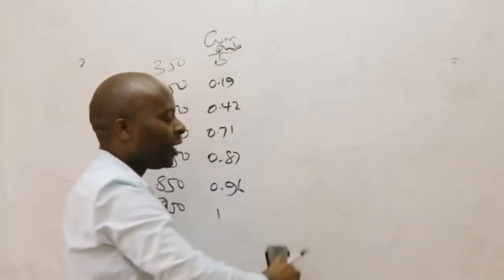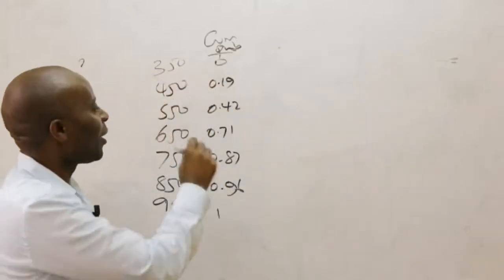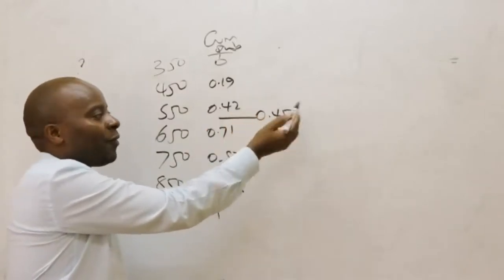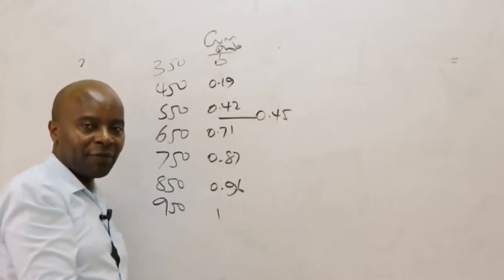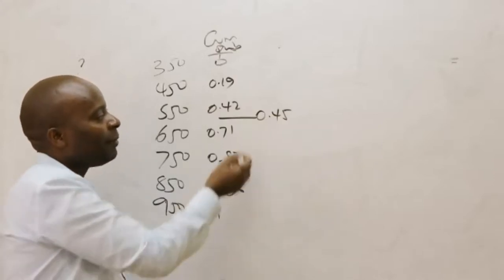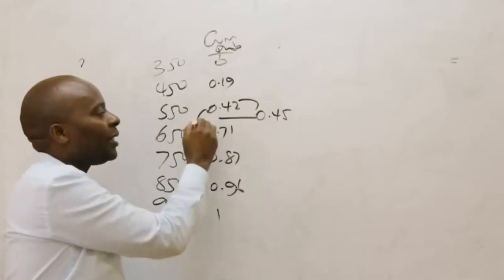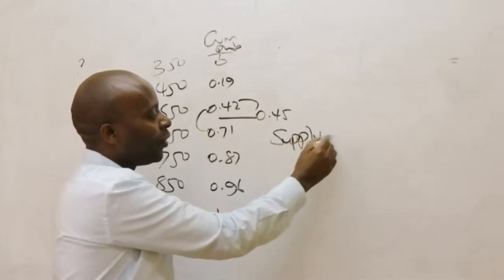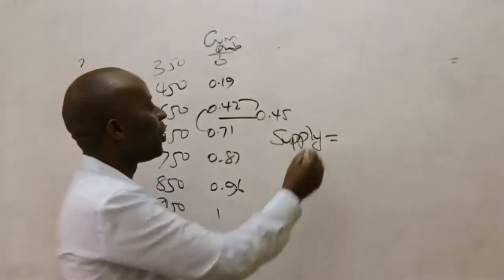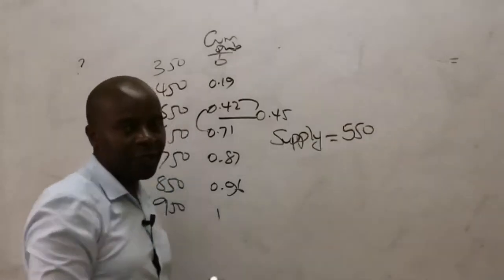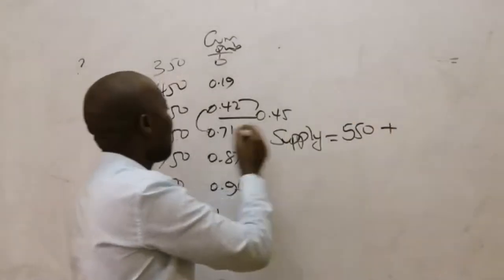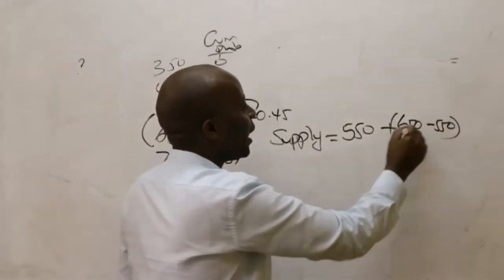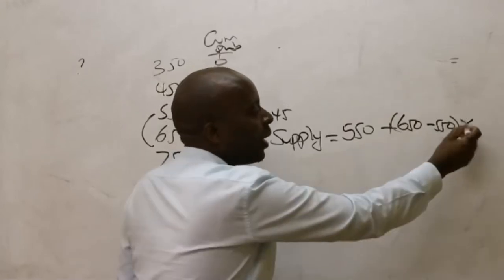Thank you very much. Now at 45%, where is 45%? It's in between here. Remember the concept of the upper arc and the base arc. The optimal supply will be equal to the lower figure, 550, plus the difference between these two, 650 minus 550, times our upper arc figure.